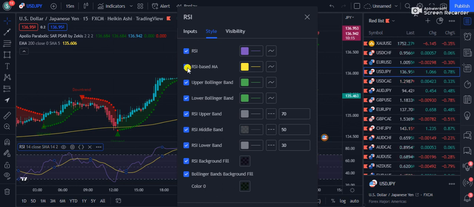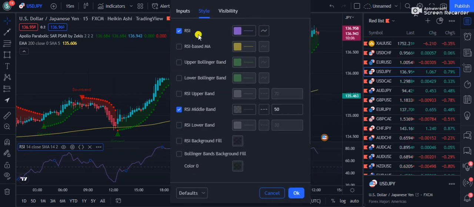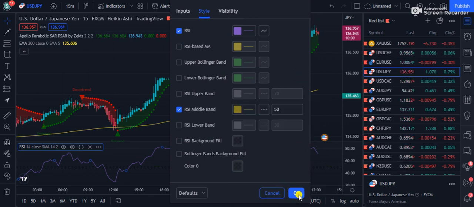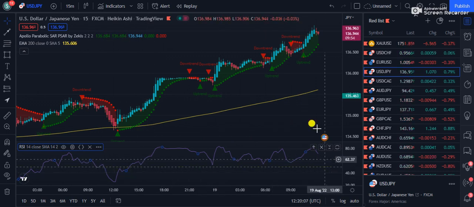However, in the style section, we are going to keep just RSI and RSI middle band and uncheck all the others. Then I'm going to give a yellow color to the RSI middle band, and that's okay. You can see the 50 period RSI is available on my screen in the form of a yellow line.